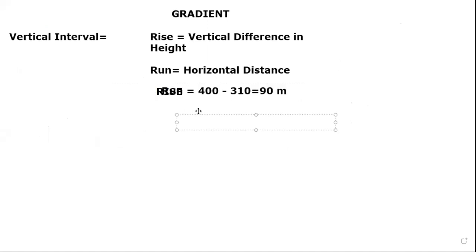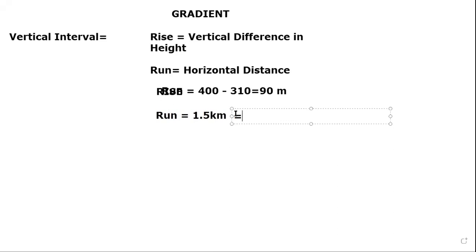And the run, hypothetically speaking, that distance between 400 and 410 was 1.5 kilometers. The scale, no, because you need to work in meters, you have to convert 1.5 kilometers. How much is that?